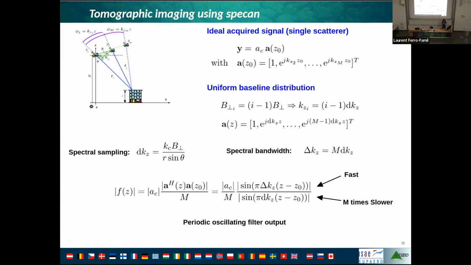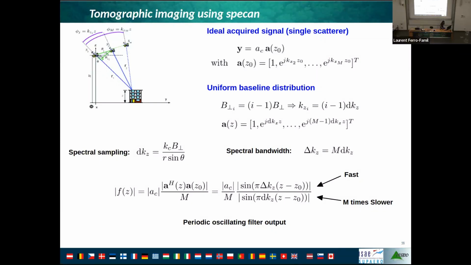This is a joke, but it is almost true. When you look at the data acquired by the pilots of DLR, the baseline spacing is so precise that you are almost in this condition. It's very good, but on the other side it's not as good because you have high side lobes, and you need to apply some signal processing tricks.